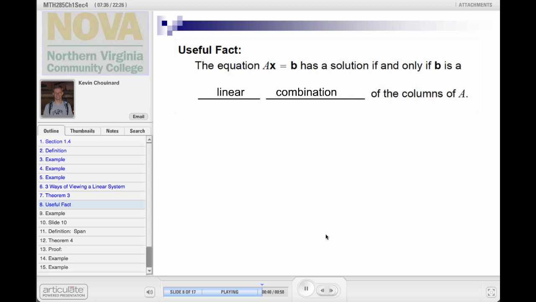And so we can only have a true solution here if b is a linear combination of those columns. So it comes straight out of the vector equation for this linear system.